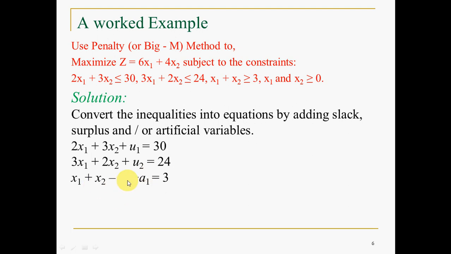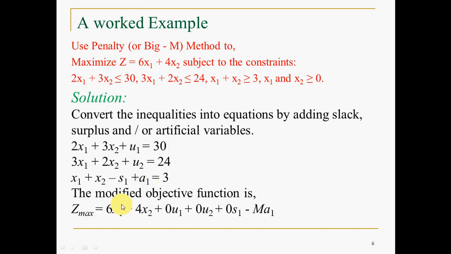Here only minus s1 was sufficient, but just to get the identity basis we have taken a1. Of course, this will be eliminated in the process of the simplex method. So these are converted into equations. Always note that whenever it is greater than or equal, you get a surplus variable as well as an artificial variable into the picture.